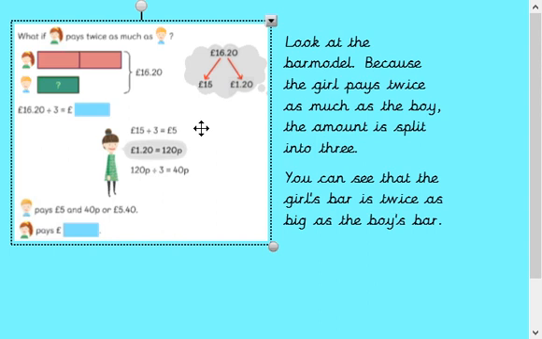We can always check our answer, because we could add all of these back up. So £10.80 plus £5.40, just to check that we still have £16.20 as our answer. But you can see the most important thing from this is that there are 3 parts to this bar model, and this part here would be twice as big as this part here.